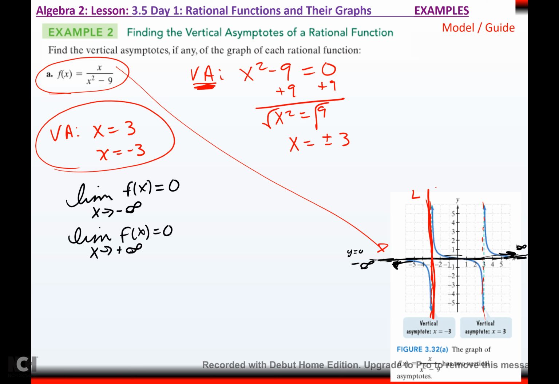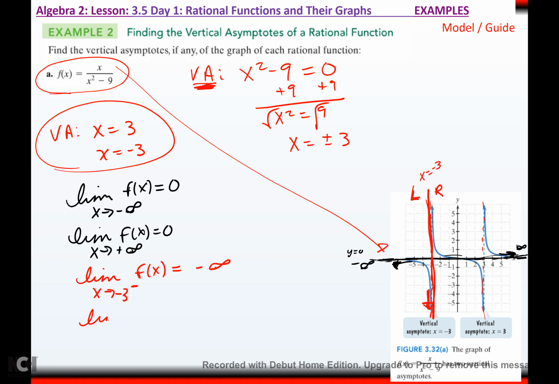Okay, and here's the left side and here's the right side. So I say the limit as x approaches -3 from the left. Okay, so here's the left side of x equals -3, and the arrow closest on the right side is pointing down. So we say the function is going to -infinity.